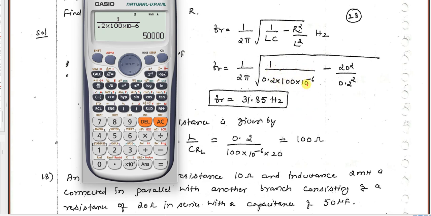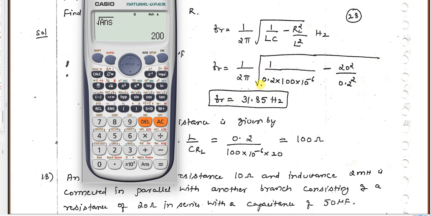This answer minus 20 square divided by 0.2 square. Previous answer 50,000 minus this, you get 40,000. For this, you have to take the square root. Square root of the previous answer is 200.